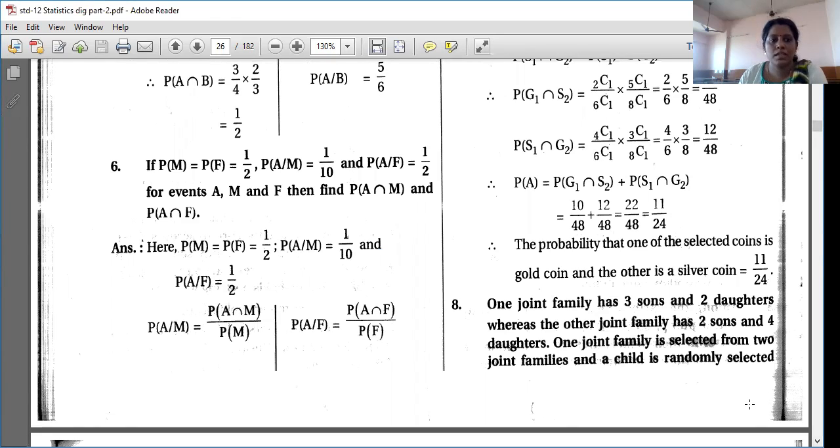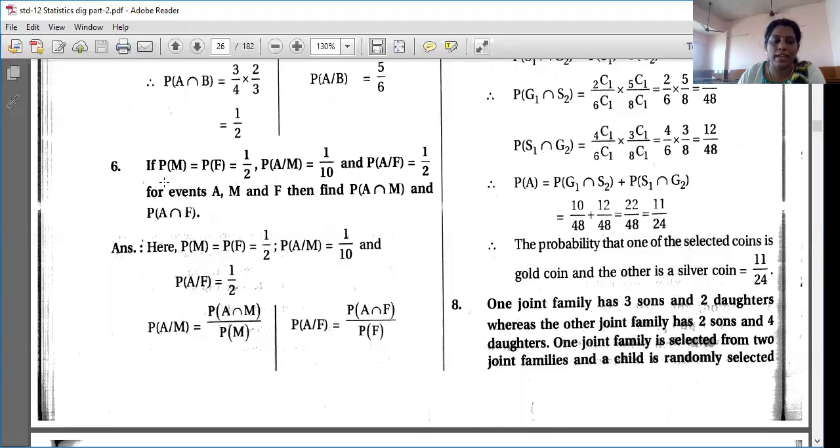Now, question number 6. If P of M equal to P of F equal to half, then P of A by M equal to 1 by 10 and P of A by F equal to 1 by 2, for the events A, M, F, then find A intersection M and A intersection F. Okay, so here they have given P of M equal to P of F equal to 1 by 2.